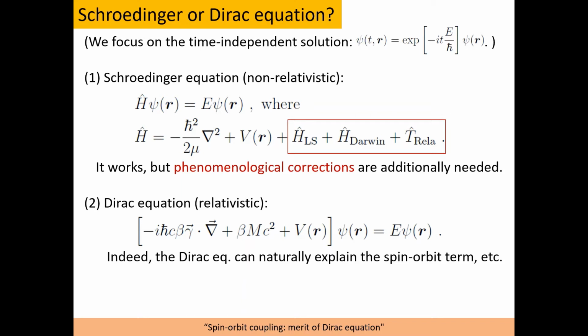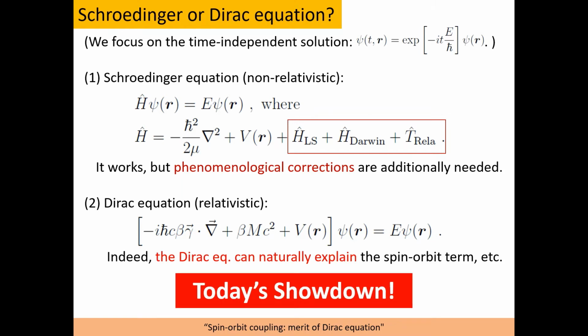On the other side, there is another option to explain the atomic spectra or nuclear physical properties. That is the Dirac equation, which is in the relativistic case. And indeed, this Dirac equation can naturally explain the spin-orbit term, the Darwin term, and the relativistic corrections.